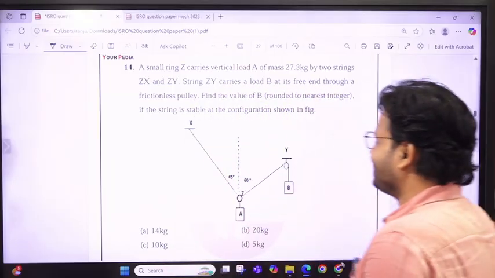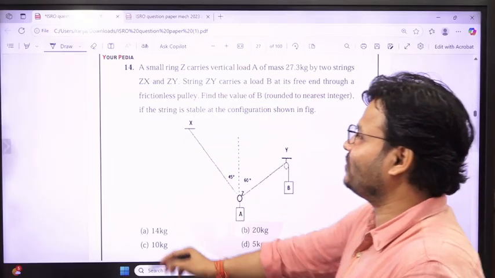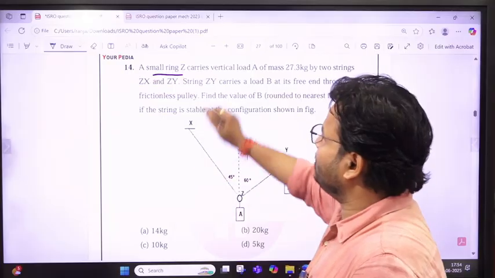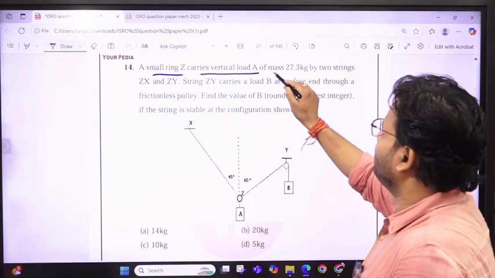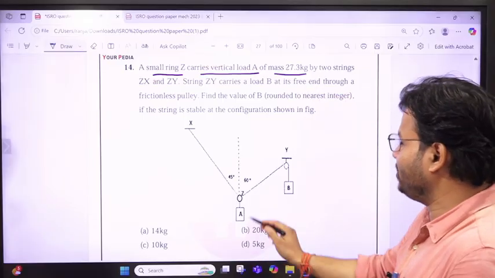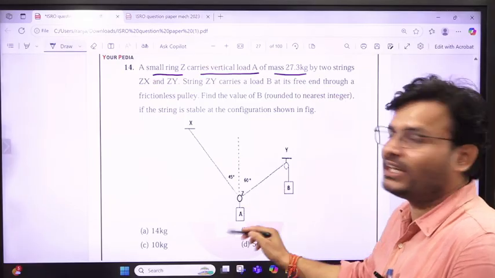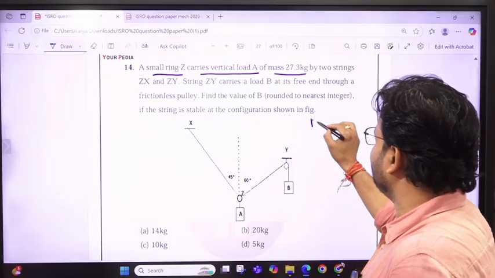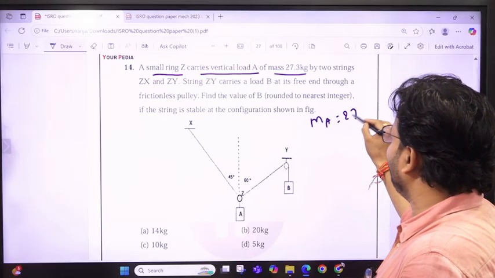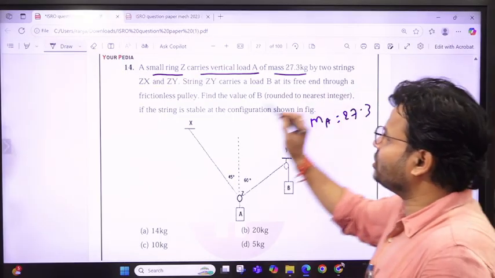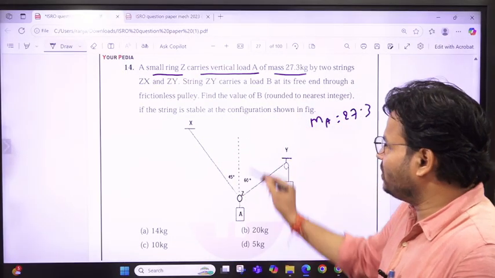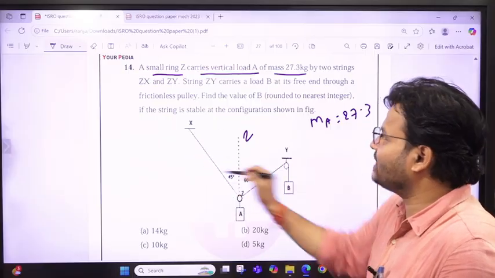Okay, sir, so what is that thing? First read the question. A small ring Z carries a vertical load A of mass 27.3 kg. The mass of A is given here, my dear friends. It is held by two strings ZX and ZY.